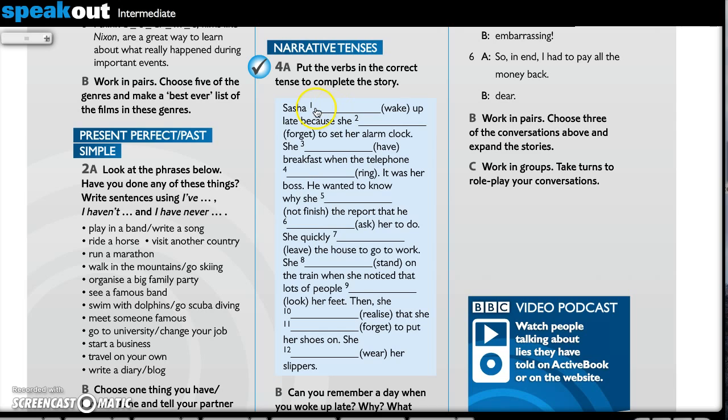So Sasha had woken up late, or woke up late. She woke up late because blah blah blah. So you write woke here in the gap in the platform, and you do the same for the rest of the gaps and check whether they are correct in the platform.